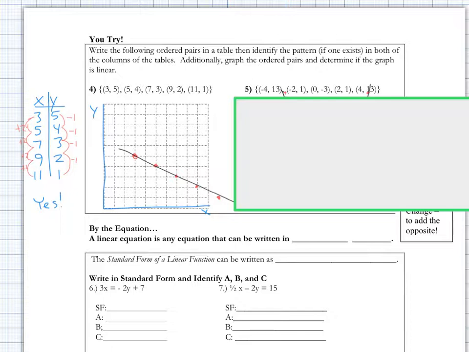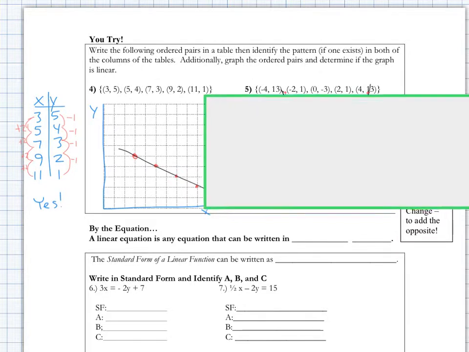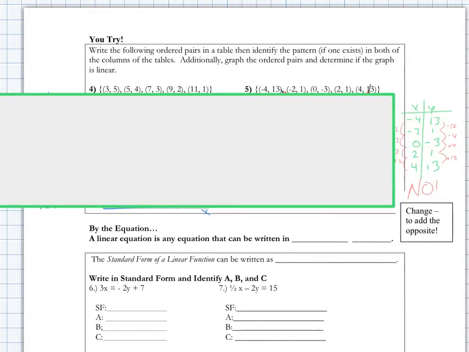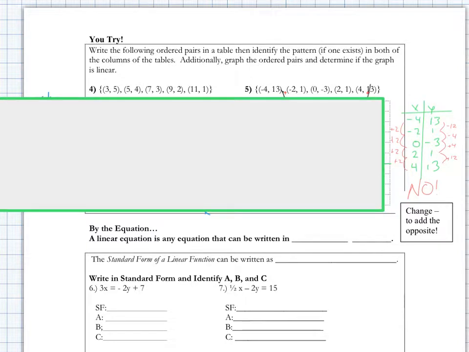On number 5, if I put these in a table, notice how my x values all increase by 2, but then there's a pattern here for my y values. I go minus 12, minus 4, plus 4, plus 12. So it's like decreasing and then increasing, but that's not a constant change. The change is not the same every time.